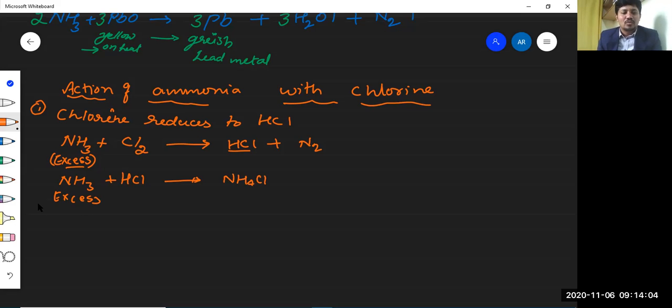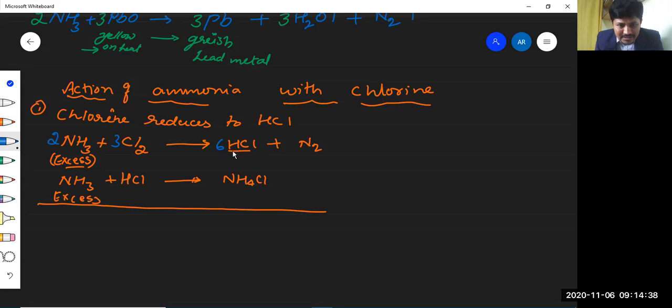So after balancing, we have to write the overall reaction. If I balance the first equation, I can put 2 and 3, because 2 times 3 is 6 HCls, and 2 nitrogens are there. That is the balancing of the equation. Here NH3 plus HCl gives NH4Cl, and it is already balanced.